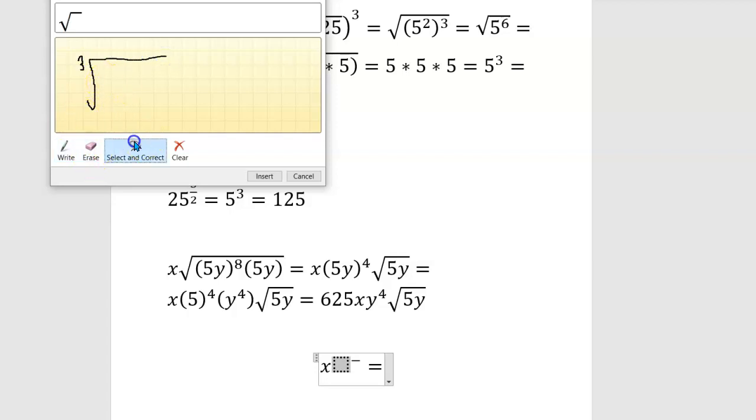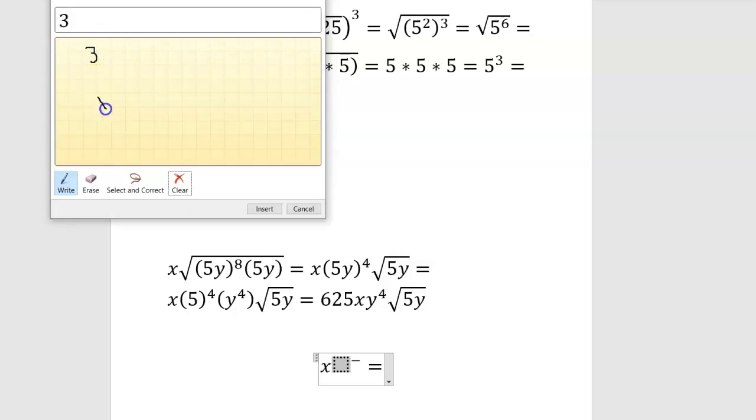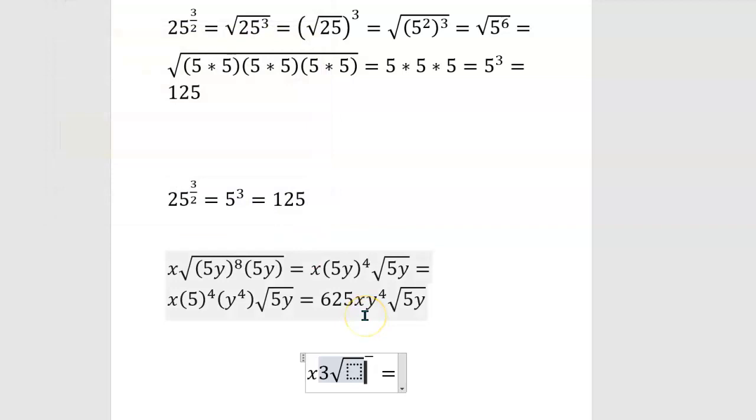This thing is awful. This thing stinks. Cube root. Okay, that's good. Just get it in there.